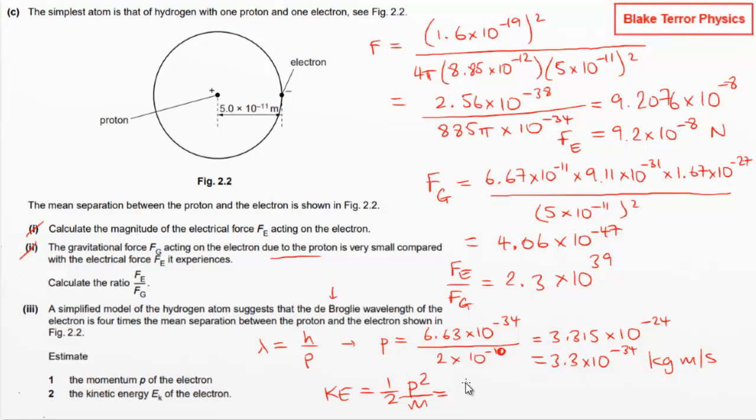Just makes it a little bit easier. So 6.0314 times 10 to the minus 18 is our kinetic energy. So 6.0 times 10 to the minus 18 joules. Two significant figures. Right, okay, that wasn't too bad.